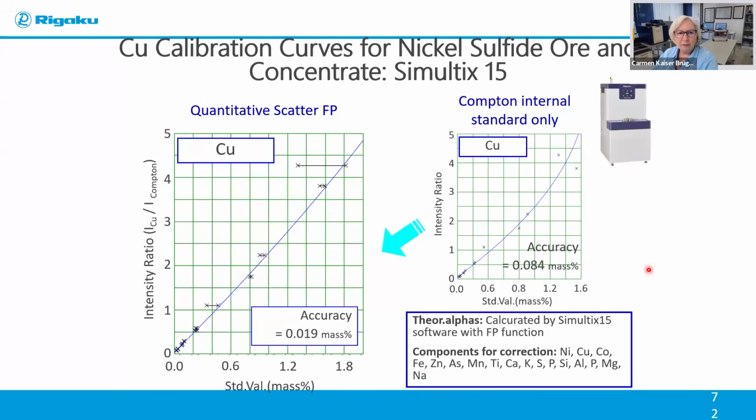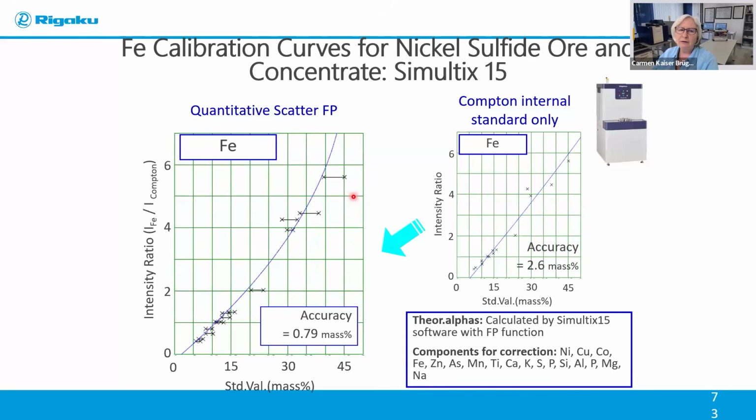Then the copper in this concentrate is also shown, so not a very nice fit here with only the internal standard method, but an extremely good fit once we apply the quantitative scatter FP correction to the model. Yeah, so very useful matrix corrections.